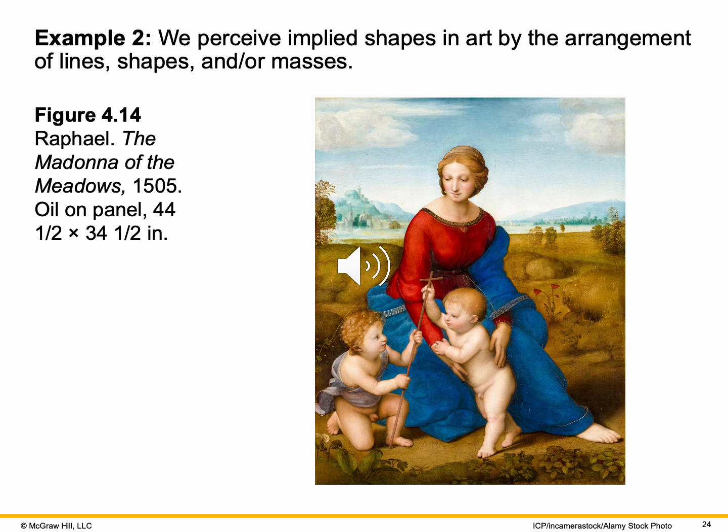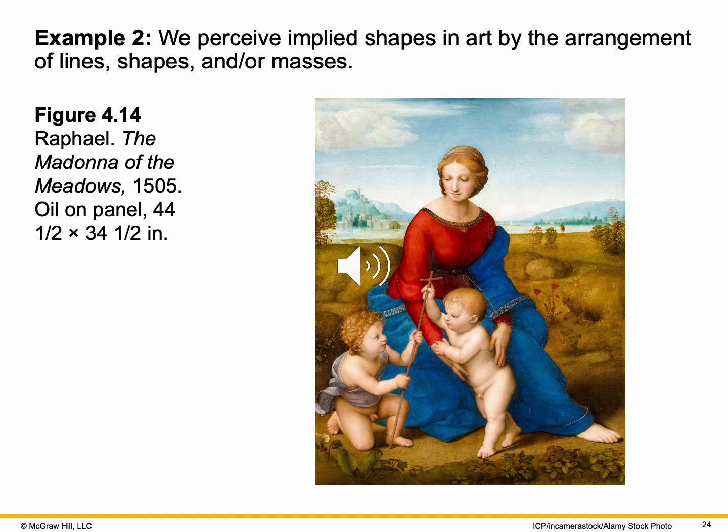Through optical puzzles such as this triangle, psychology provided a scientific explanation for something that artists had been doing intuitively for centuries, using implied shapes to unify their works. In the Madonna of the Meadows, Raphael has grouped the figures of Mary, the young John the Baptist, and the young Jesus Christ, so that we perceive them as singular, a triangular whole.